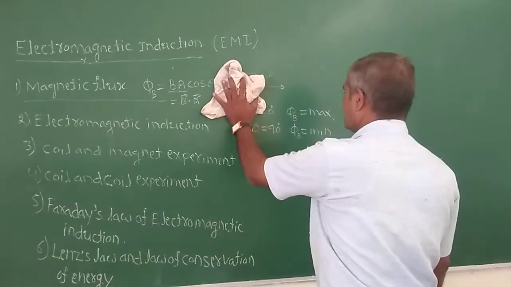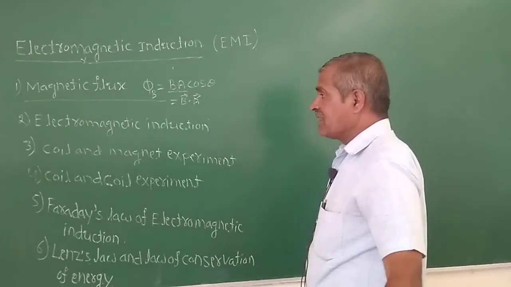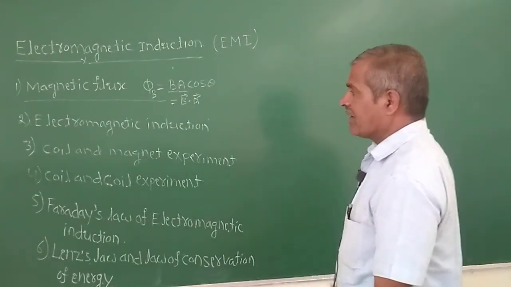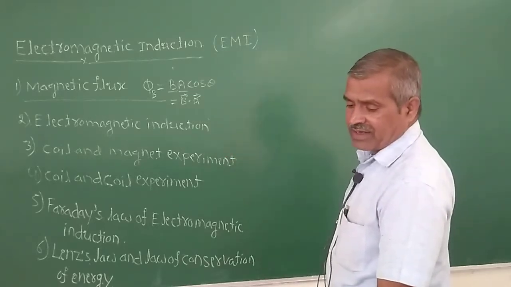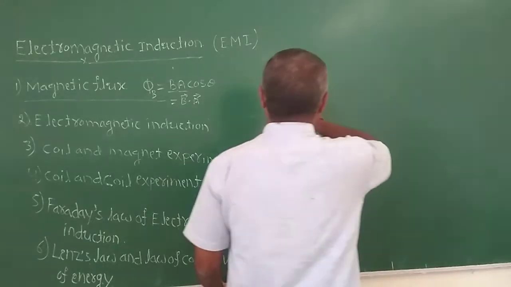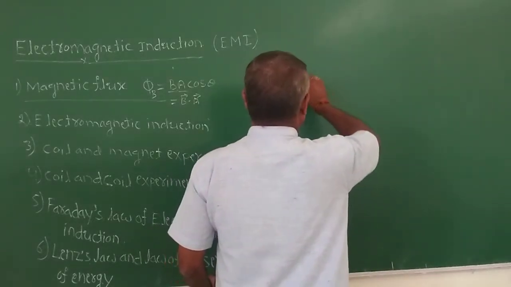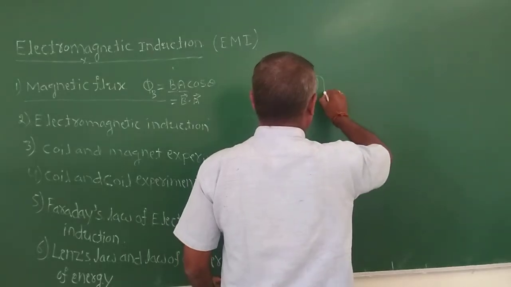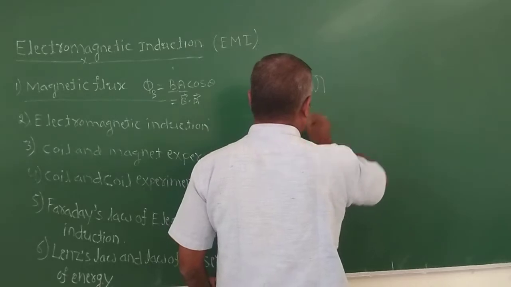Clear? The next one is the coil and magnet experiment, which is very simple. One coil is taken, and that coil is made of copper wire.